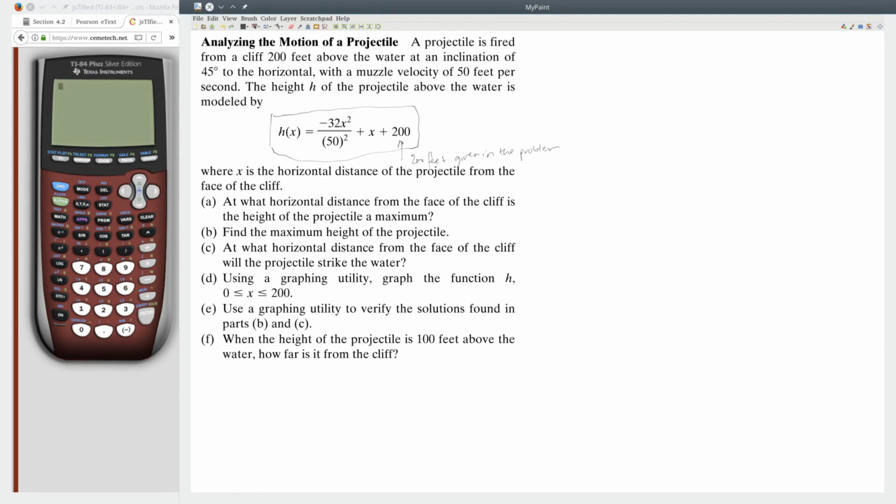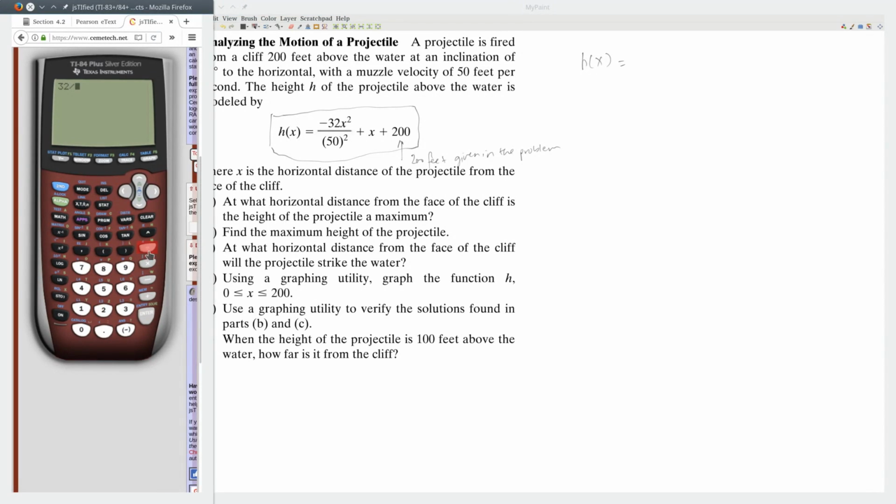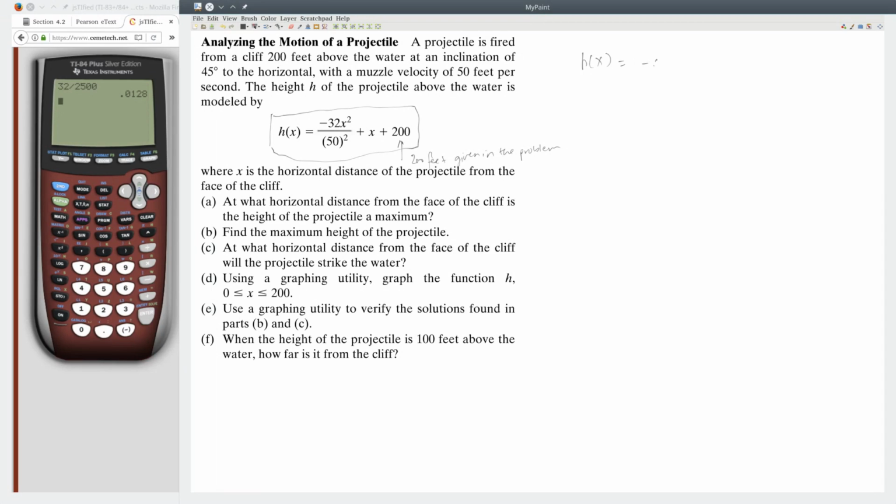So this is a quadratic function, so we could write it as negative 32 divided by 50 squared, which is 2,500, and we will get negative 0.0128 x squared plus x plus 200.